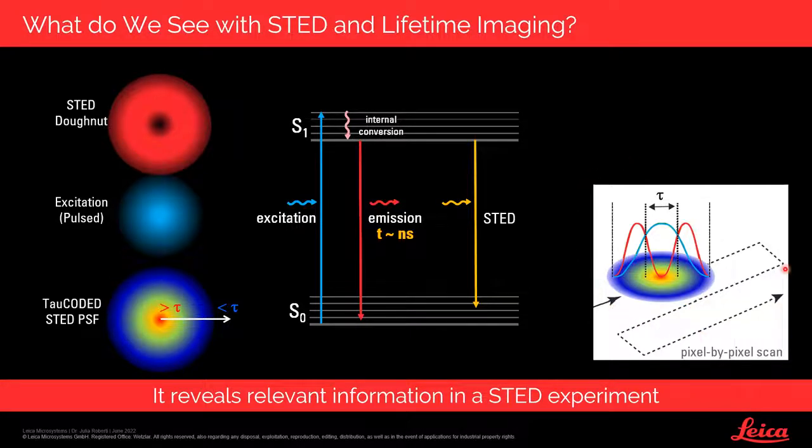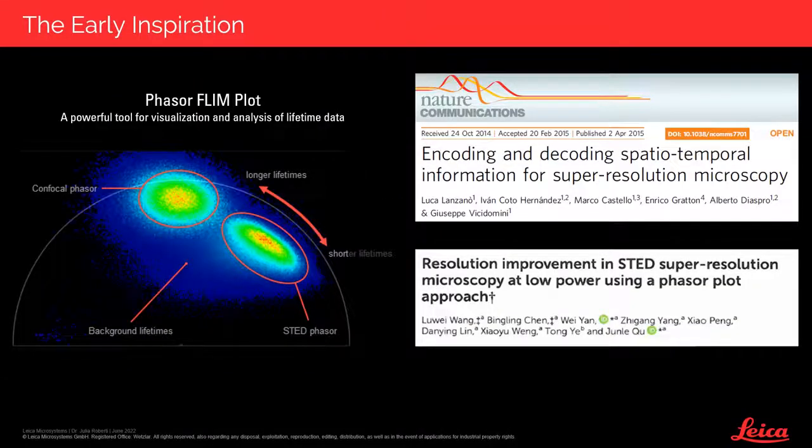And the way to access this lifetime information has been realized in different ways. A seminal approach gave rise to the gated STED approach, and later on we also have early inspiration by pioneering work that was done to access this lifetime level of information.